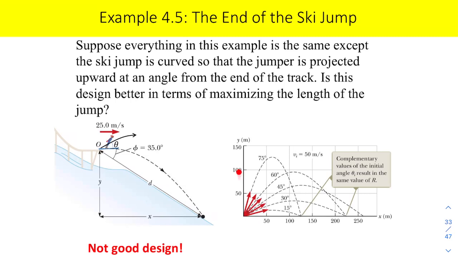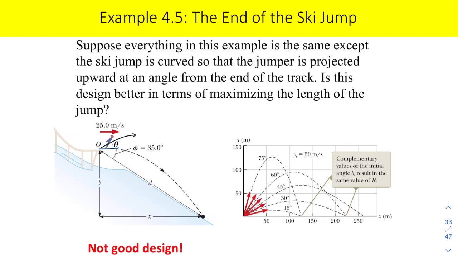So it's just like the diagram given here. To have maximum range with the same initial velocity, let's say 50 meter per second, the best is 45 degree as your theta initial. The bigger the theta, you see here, the shorter the range. But this is in general.